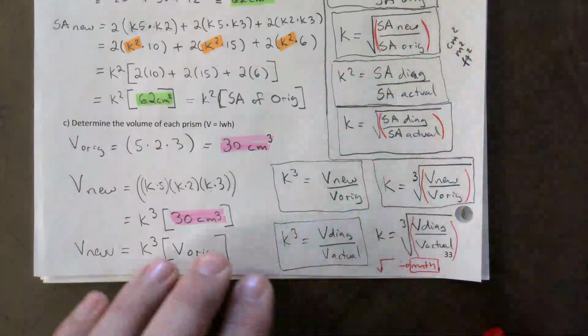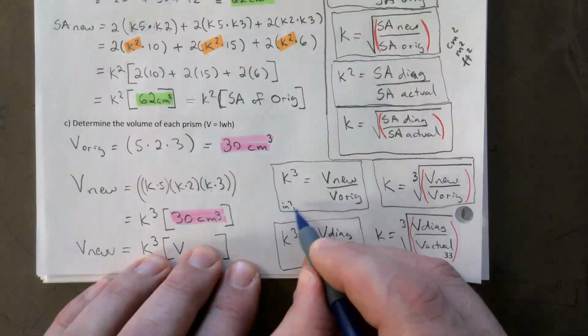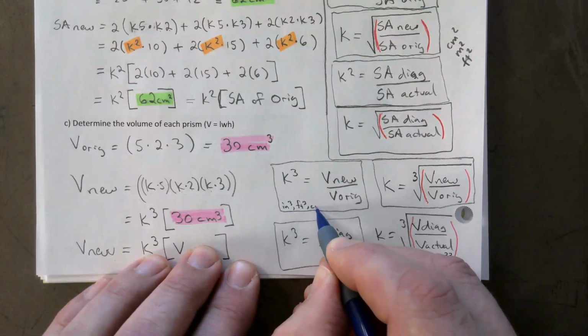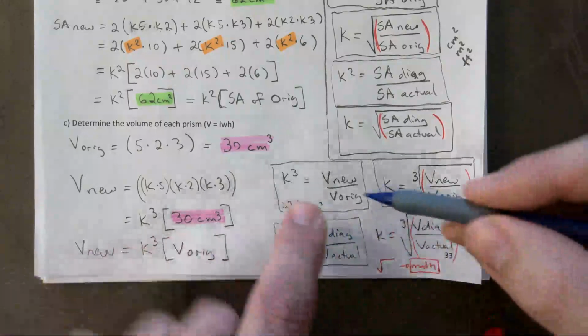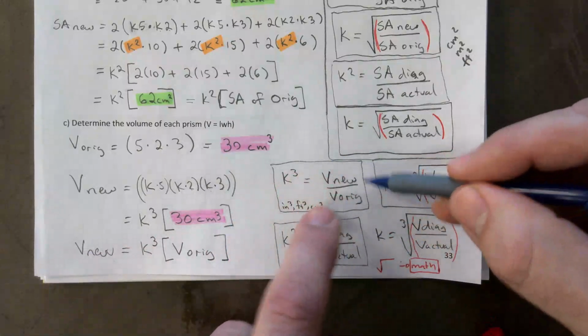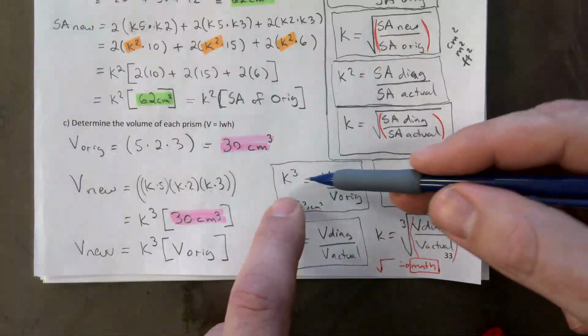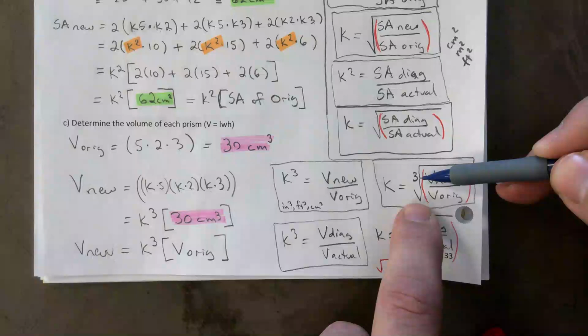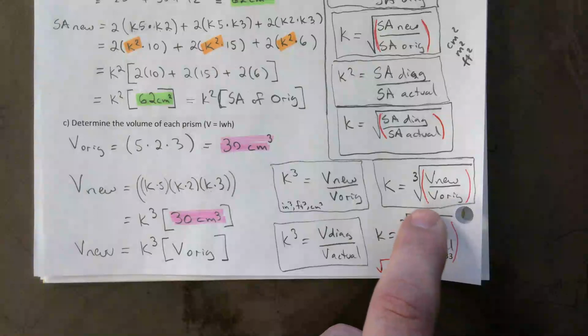So cubic inches, cubic feet, cubic centimeters, anything like that, you should immediately recognize you're in this territory, okay? And you will have to take the root if you're trying to find a scale factor. There's no way around it, okay?